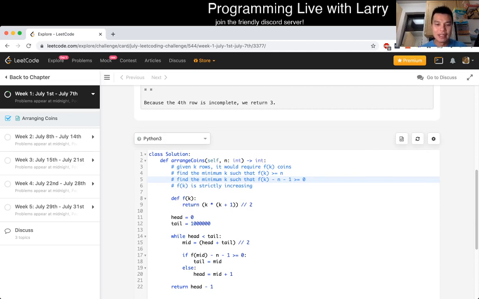To be honest, I still struggle sometimes with the off by 1s. I try to keep it the same way, and I frame it so that head would be the last case in which it is false, and head plus 1 is the first case in which it is true, and then you think about how to invert it.